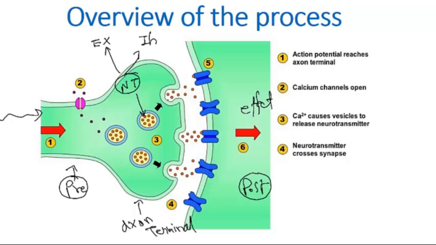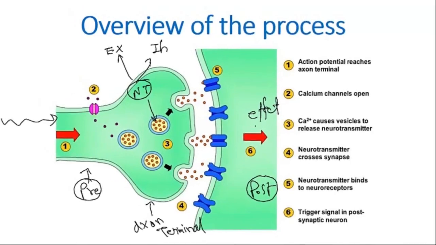The neurotransmitters cross the synapse, which is between the axon and dendrite. Then the neurotransmitters bind to the receptors, which triggers the signal in the postsynaptic neuron. These are the sequential events of the whole process of synaptic transmission. So now let's look at each of the stages in detail.